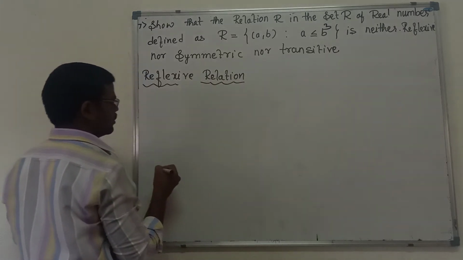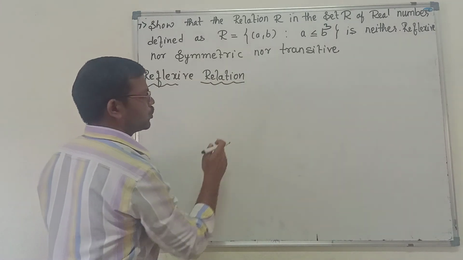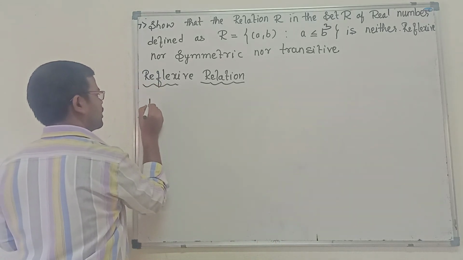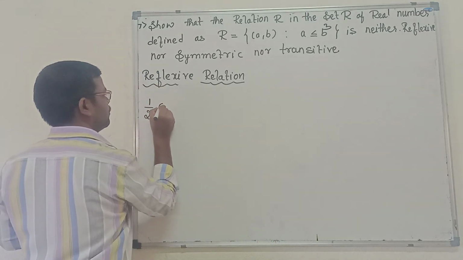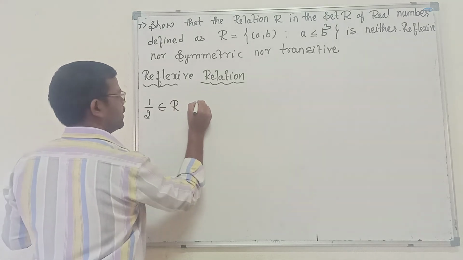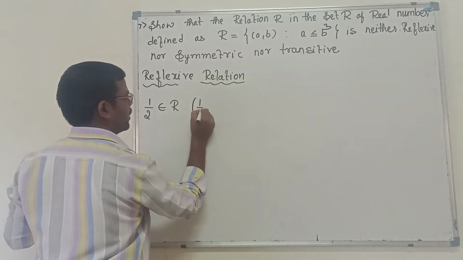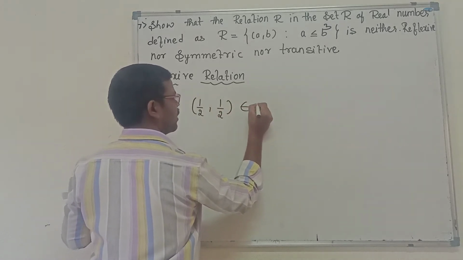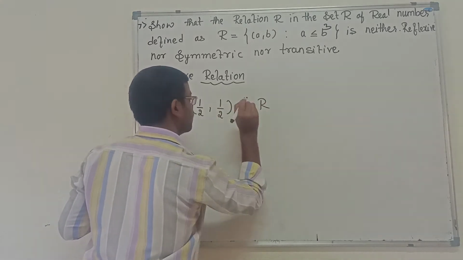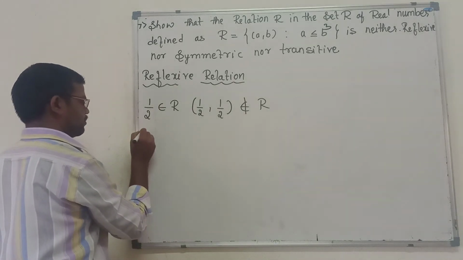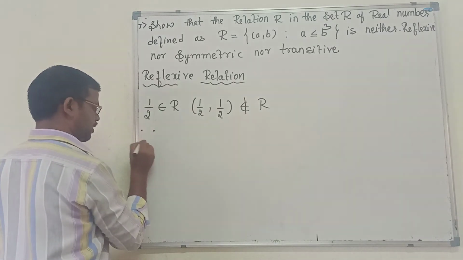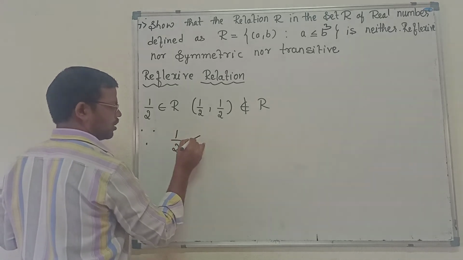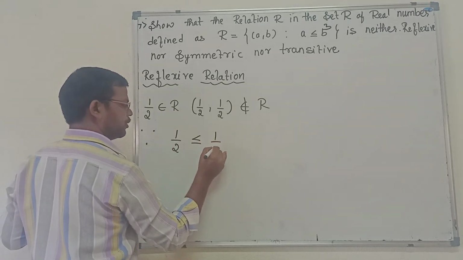Reflexive relation. So first, we have to take numbers. Let me consider 1 by 2 belongs to R and we'll check whether 1 by 2 comma 1 by 2 belongs to R or not. It doesn't. Why? We have to give the reason. Is 1 by 2 less than or equal to 1 by 2 cube?